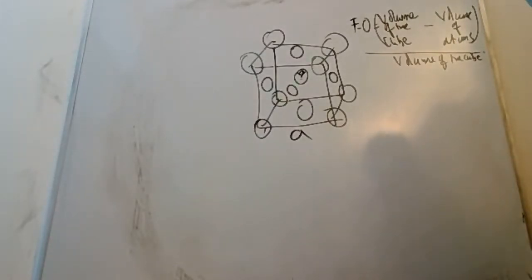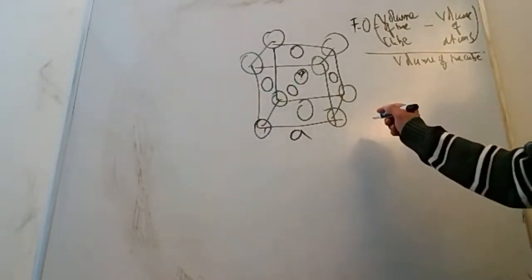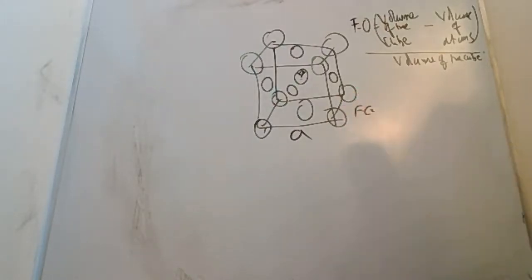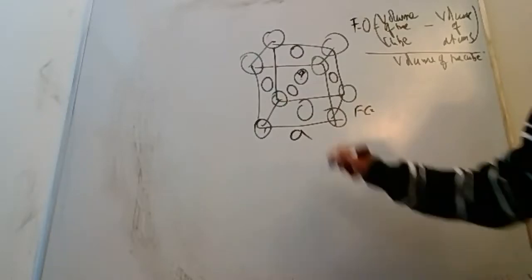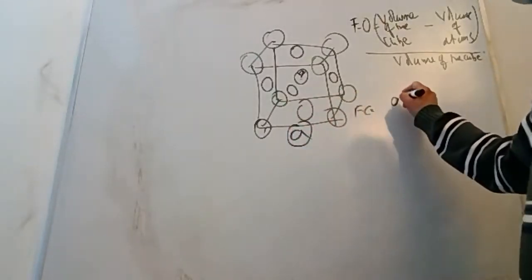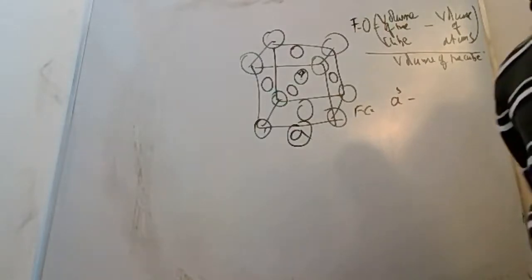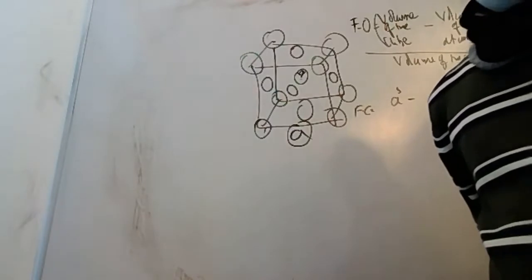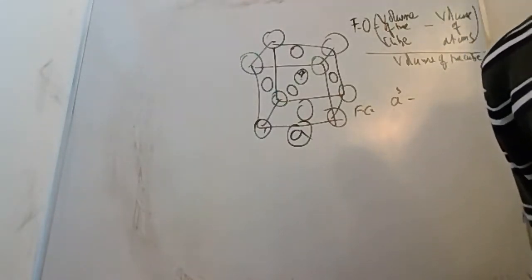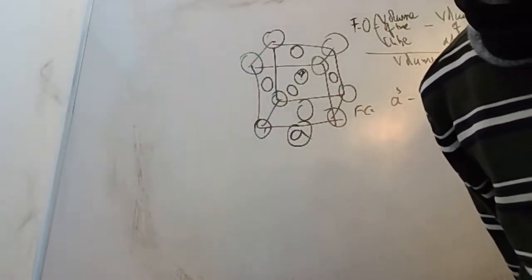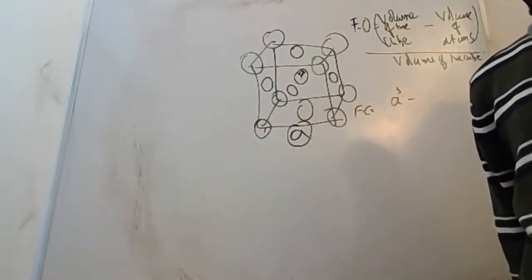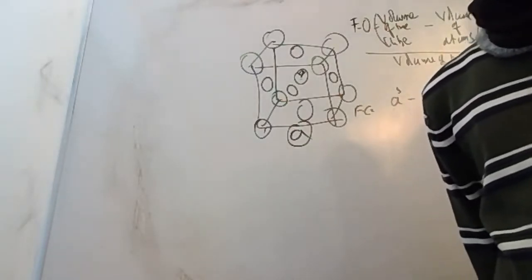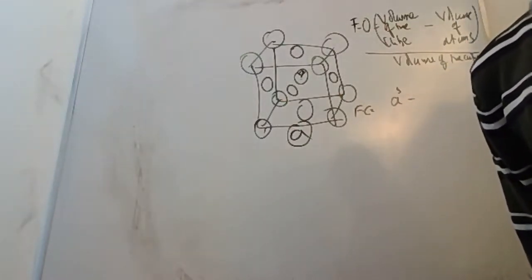All right. So in here, the fractional occupancy will be A cubed minus, if the radius is R of an atom, what is the effective volume occupied by all the atoms in a face-centered cube? 4/3 pi r cubed is the volume of one atom, right?